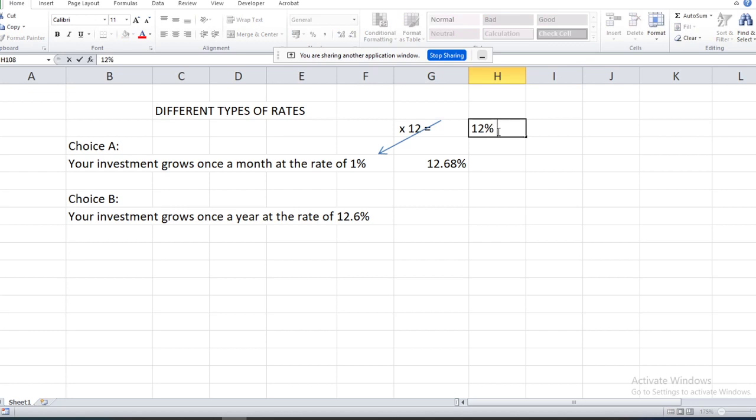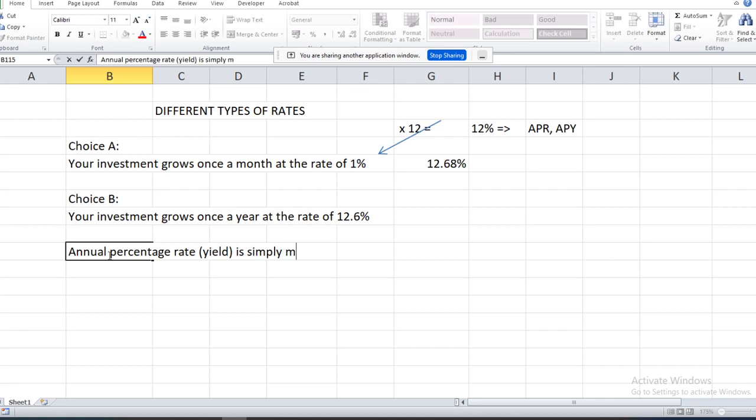And this kind of calculation has a name. It's called annual percentage rate or annual percentage yield. Different textbooks give you different names. Remember, yield is another word for interest rate as well.